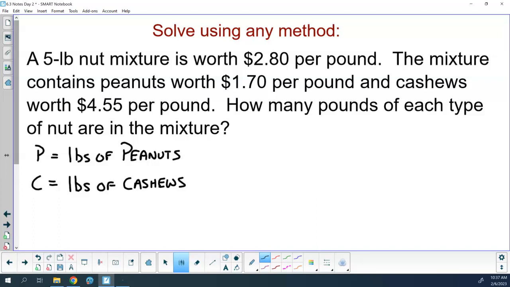So one of our equations would be 1.70p plus 4.55c equals 5 times 2.80. Okay, that's one equation. We need another one, because we have two variables.